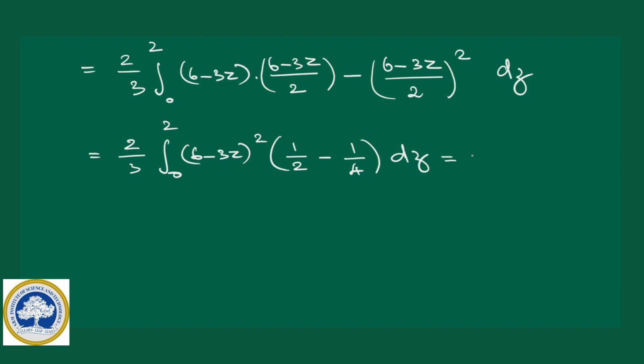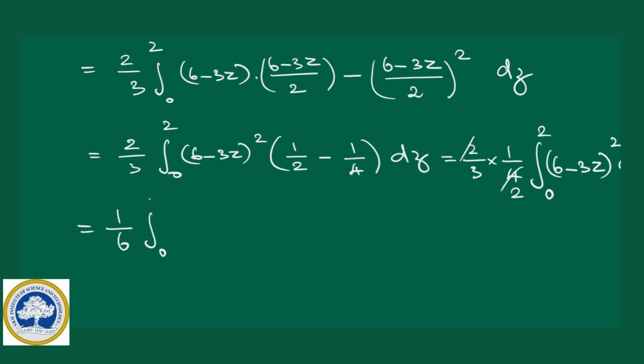Now if you take LCM here, 1 by 2 minus 1 by 4 is 1 by 4. So 2 by 3 into 1 by 4 integral 0 to 2, 6 minus 3z whole square dz we have to integrate. So here we can cancel. So let it be 1 by 6 here, integral 0 to 2.